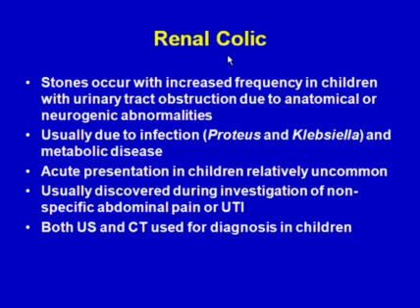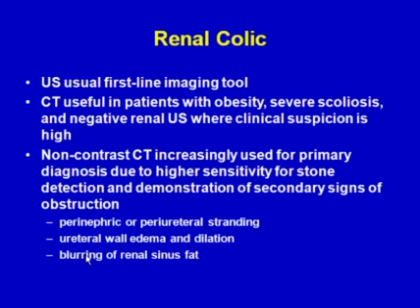Acute presentation in children is relatively uncommon. Most of the time, the stones are discovered during the investigation of a nonspecific abdominal pain or urinary tract infection, and both ultrasound and CT are used extensively for diagnosis of stones in children.